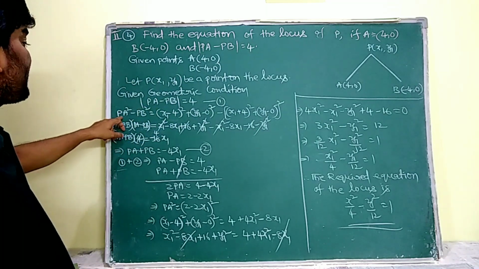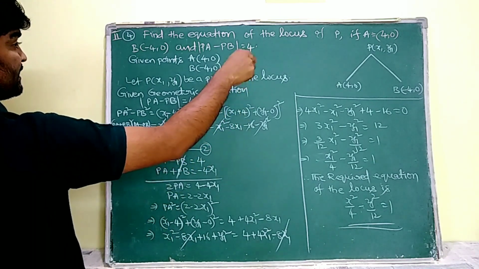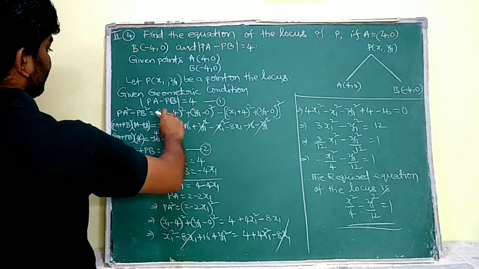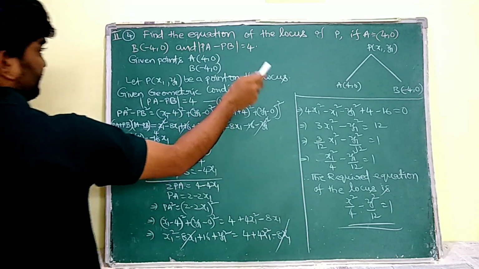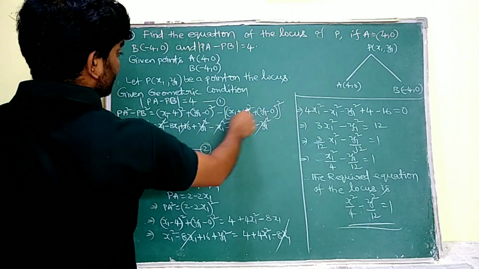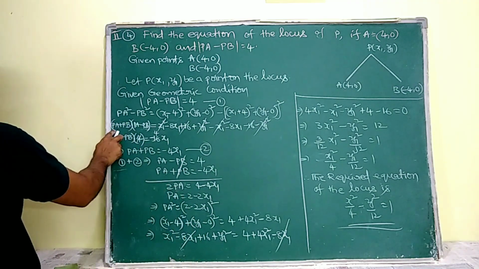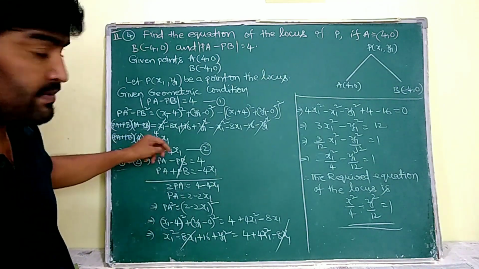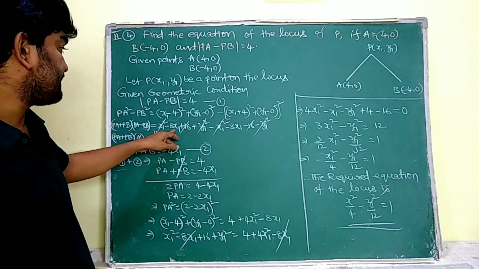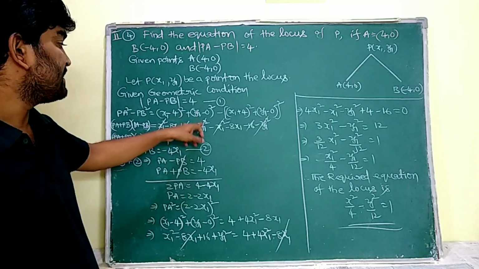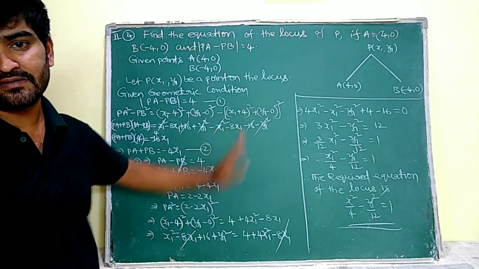Now just calculate PA² - PB². PA² means the distance between P and A squared, so (x1 - 4)² + (y1 - 0)² minus PB², which means (x1 - (-4))² + (y1 - 0)². So PA² - PB² means (PA + PB)(PA - PB) is equal to, just expand it by using (a - b)² formula: x1² - 8x1 + 16 + y1² - x1² - 8x1 - 16 - y1².